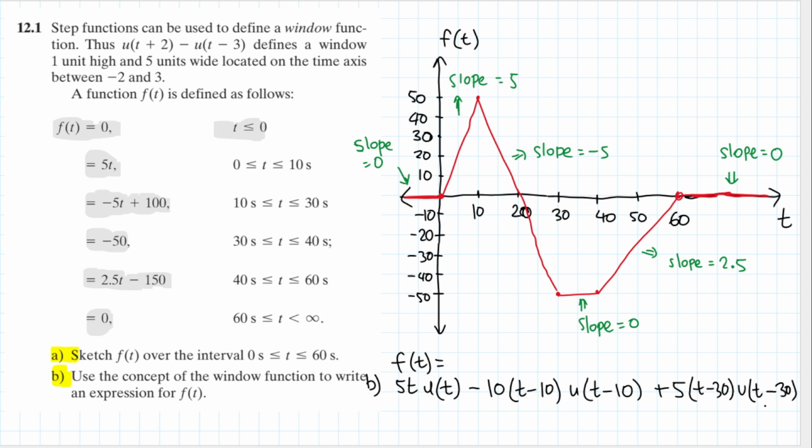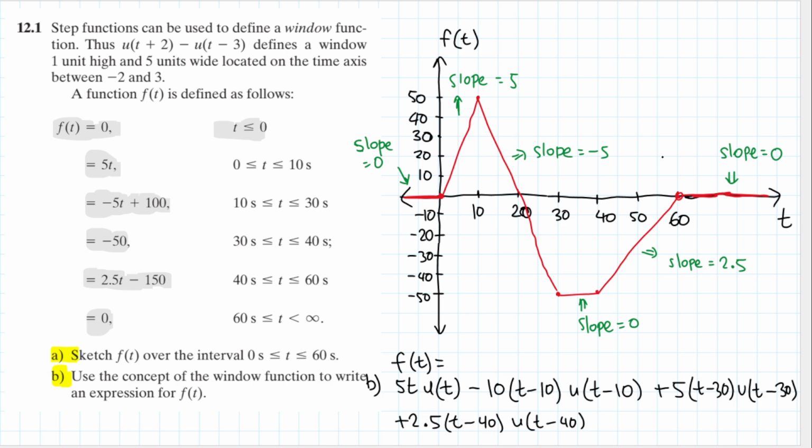Okay, that's good. And then what else can we get? The slope changed from 0 to 2.5, so we need to add 2.5. It changes when it is 40 seconds, so I will have t minus 40, u(t minus 40).